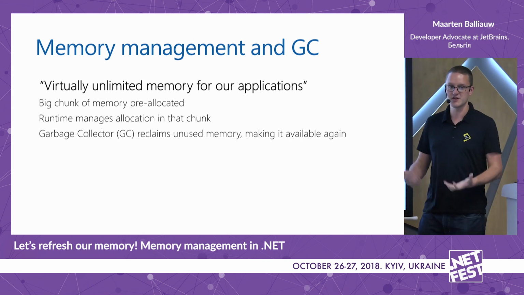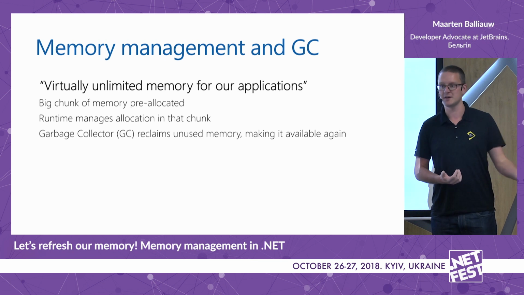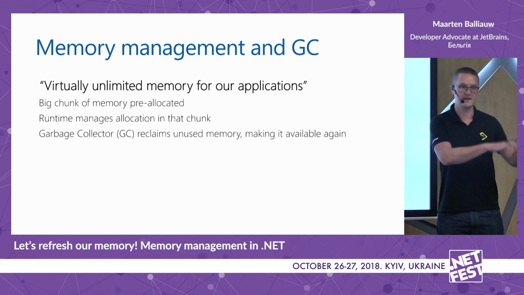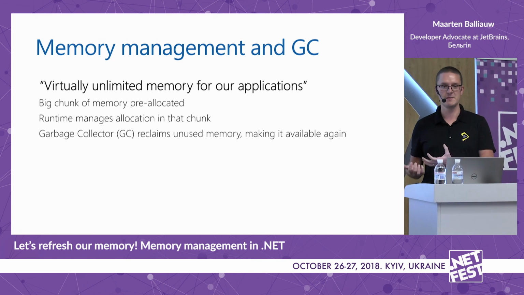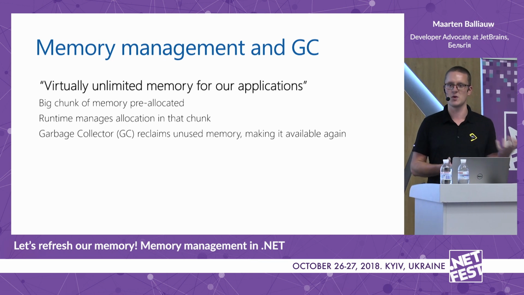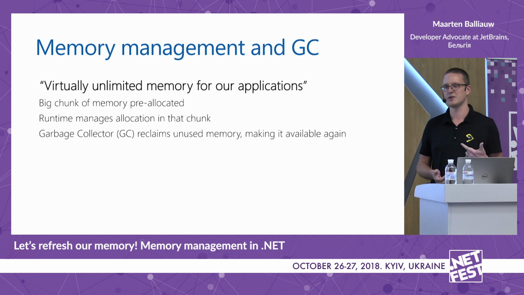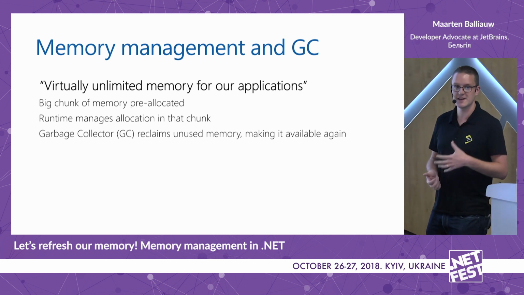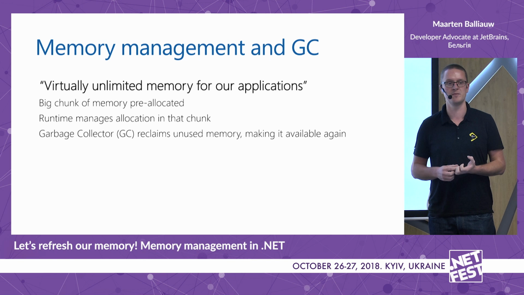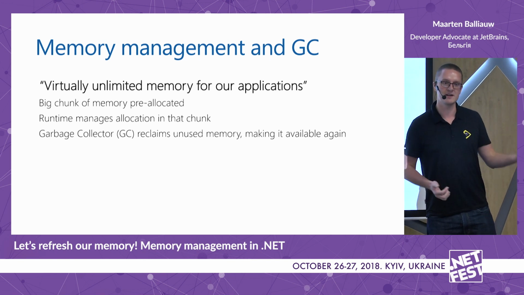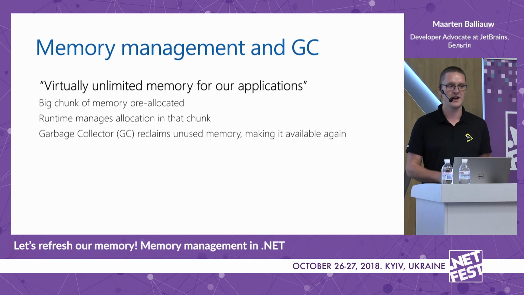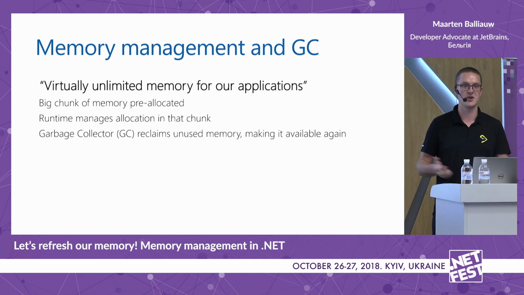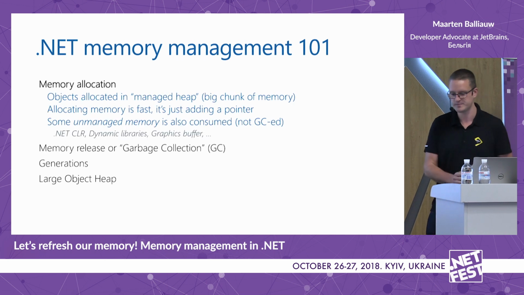Instead, it allocates a big chunk of memory, and whenever you allocate something in .NET, that will be stored in this big chunk of memory called the managed heap. Virtually unlimited means that whenever something is no longer being used, the garbage collector will run and remove the objects that were stored in this big heap, to free that up and make it available for future allocations again. It gives you the impression that memory is unlimited and you can store whatever you want in that managed heap.